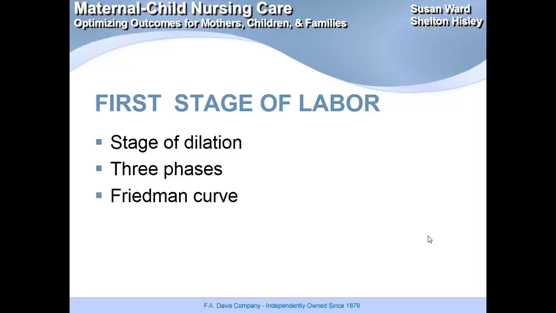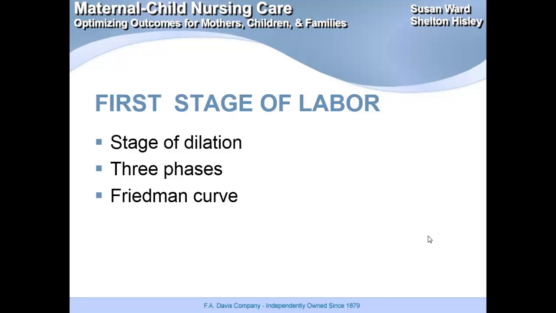There is the latent phase, and this is where the woman will have labor pains. They usually describe it as some intense menstrual cramping with lower back pain. At this point in time, contractions are about 5 minutes apart, and this is early dilation, so 0 to 3 centimeters.